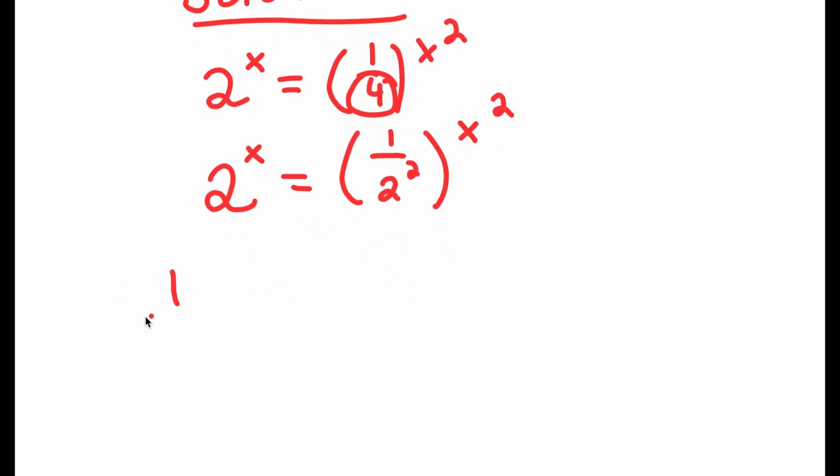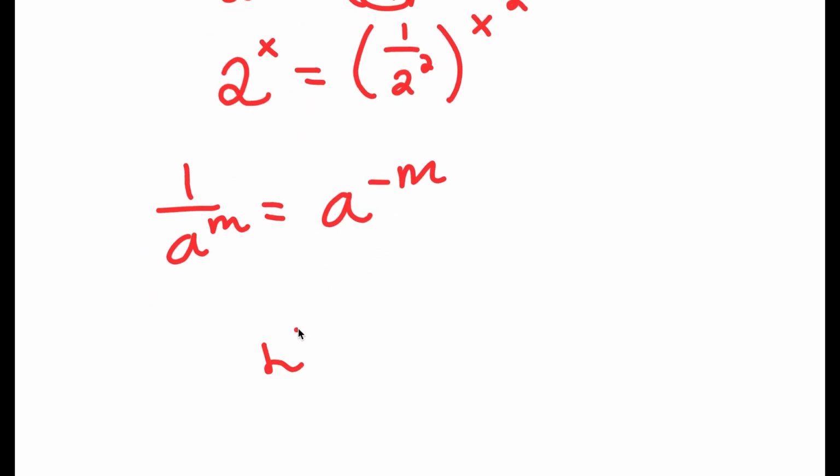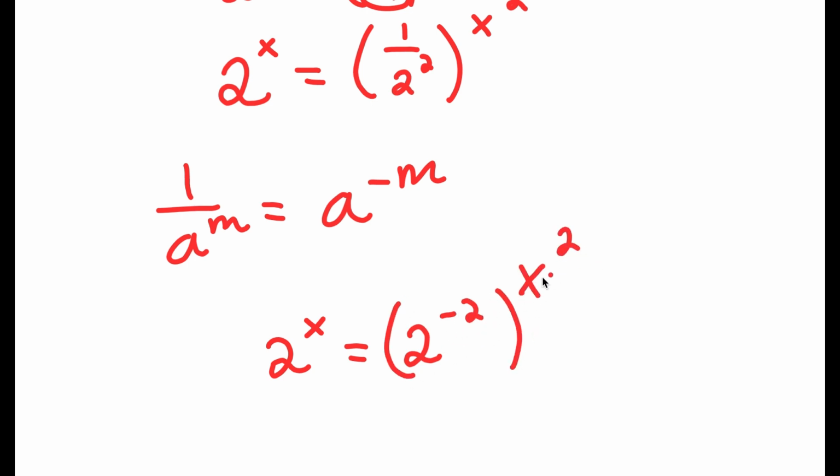And if I have something in the form (1/a) to the power of m, this is the same thing as a to the power of negative m, meaning 1/2 squared, that's simply going to equal 2 to the power of negative 2. And I have this to the power of x squared.